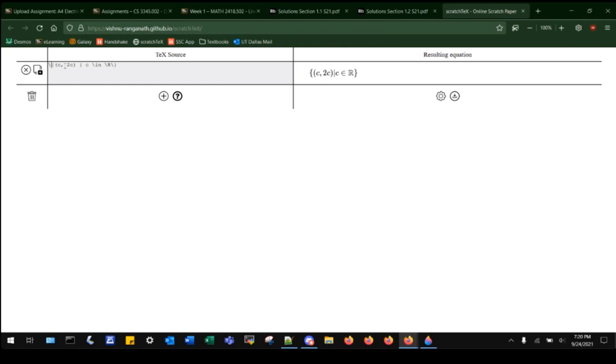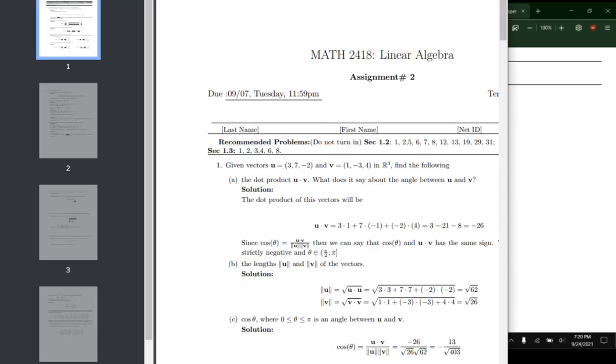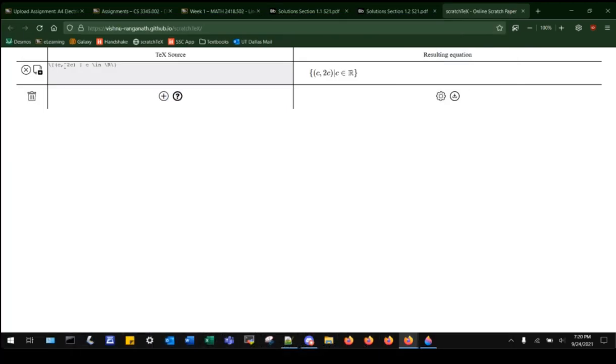I don't remember doing a problem like this. Should I skip it or not? I'll skip it. Let's do 7. 7 looks like it's probably important.